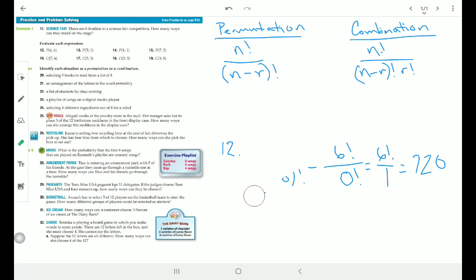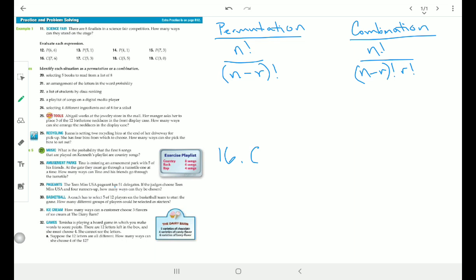So let's look at number 16. Number 16 is a combination. So remember, combination, the order doesn't matter. We're just choosing a certain object, and it doesn't matter which order we pick it in. So we have 7 total choices, but we're going to choose 6 out of those 7.